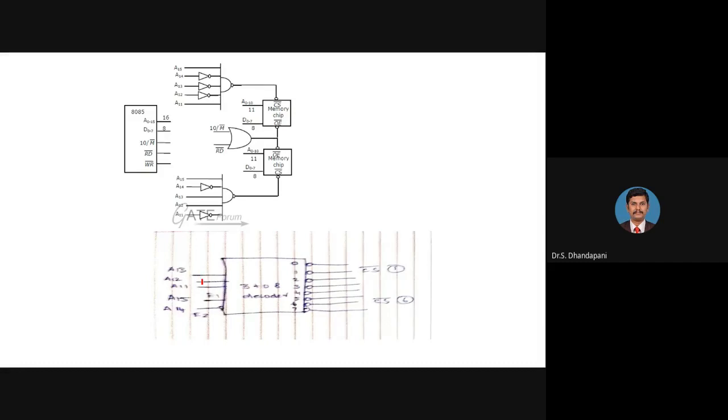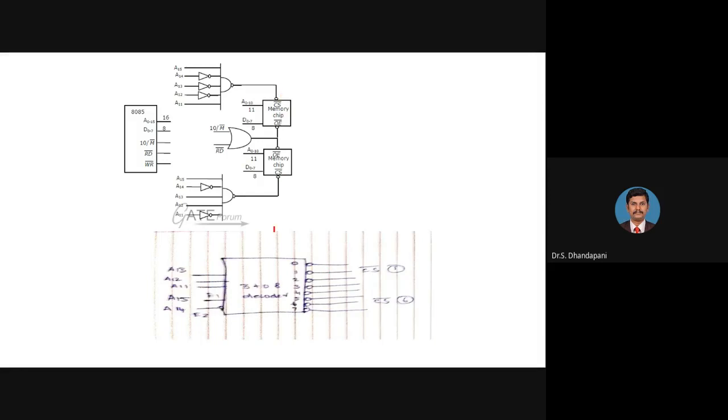If we give 0, 0, 1 as input to the 3 to 8 decoder, output line 1 will be selected, with an active low signal. So this line 1 should be given as an input for the chip select of the first IC.